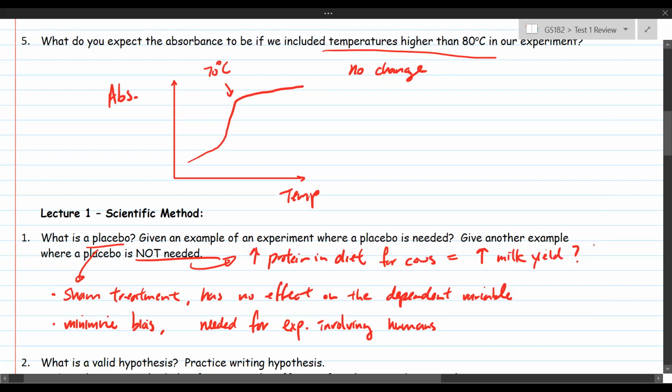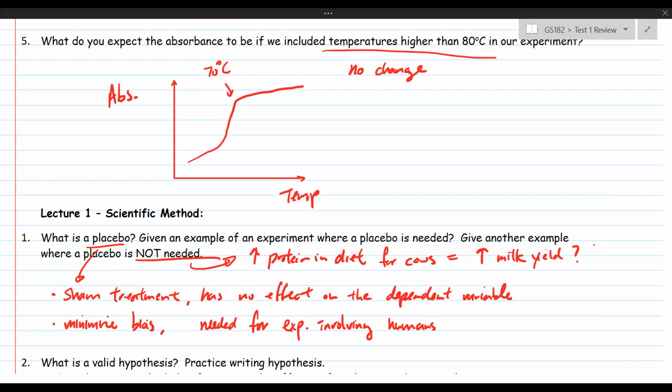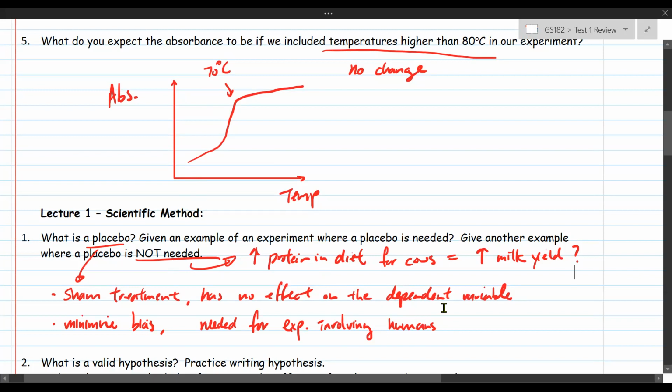That was a question. In such a case, you don't need a placebo. You just give one group high proteins and the other group regular proteins. Cows don't have biases. So that's what a placebo is.